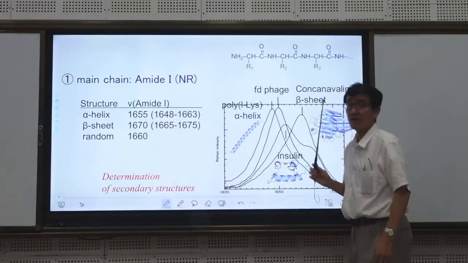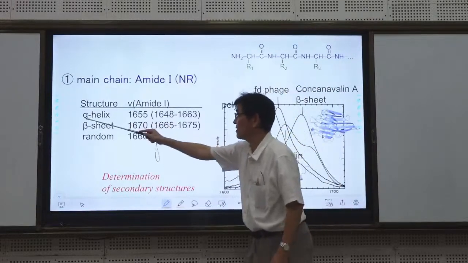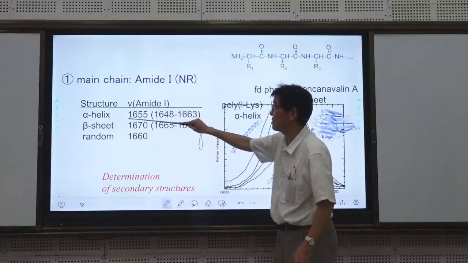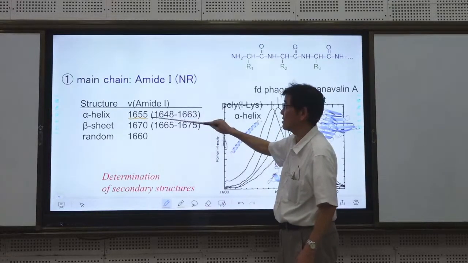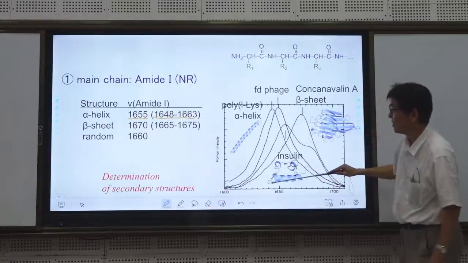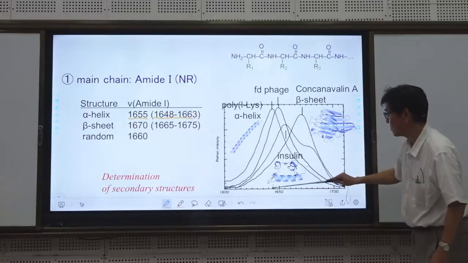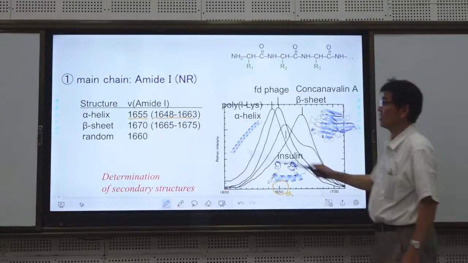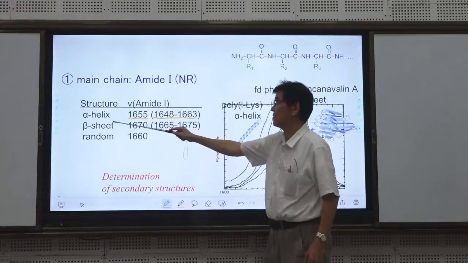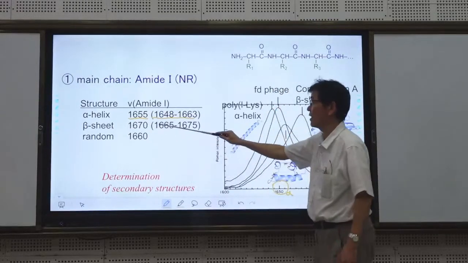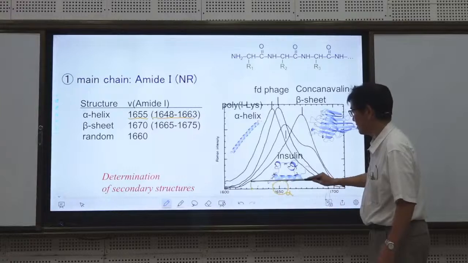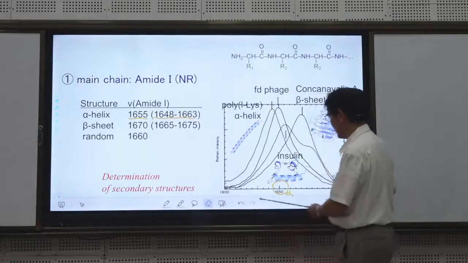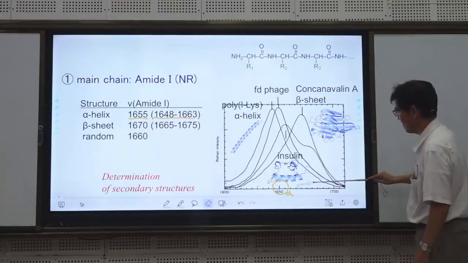There is an established idea that alpha helix gives the amide 1 band, the CO double bond stretching band, at 1655 wave number or in this region. So around this region, alpha. Beta sheet gives a peak at 1670 or a higher region. So in this region, here, higher is here.